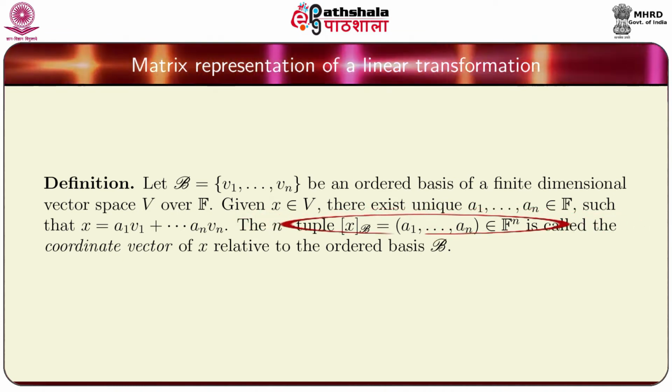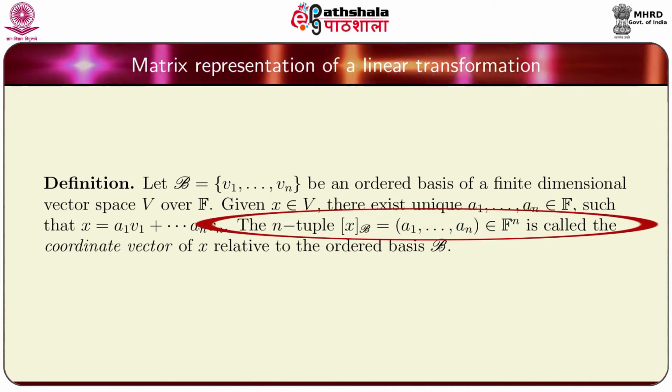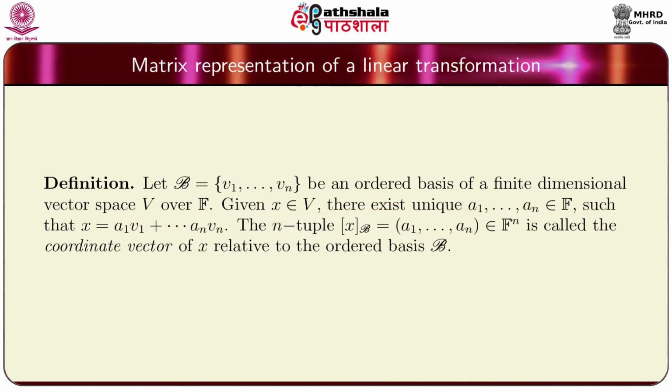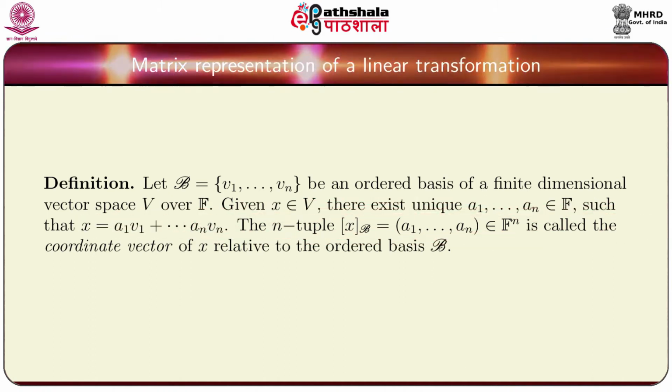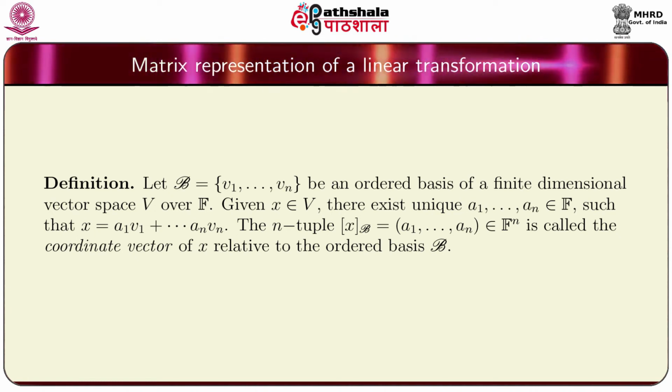Now the n tuple (a1, a2, ..., an) in Fn, we often denote it by this box [x]_B, and that is called the coordinate vector of x relative to the ordered basis B.